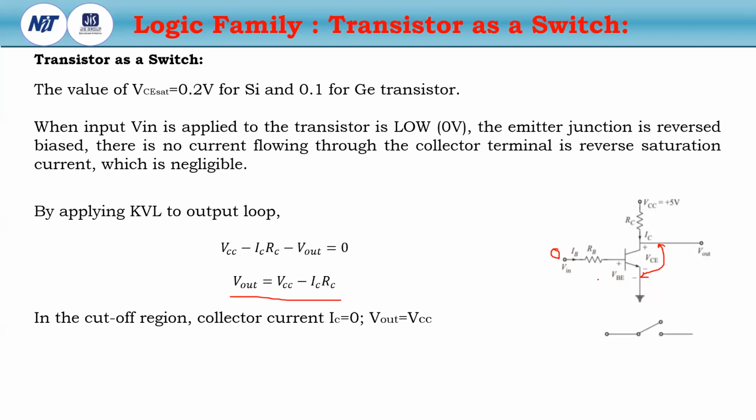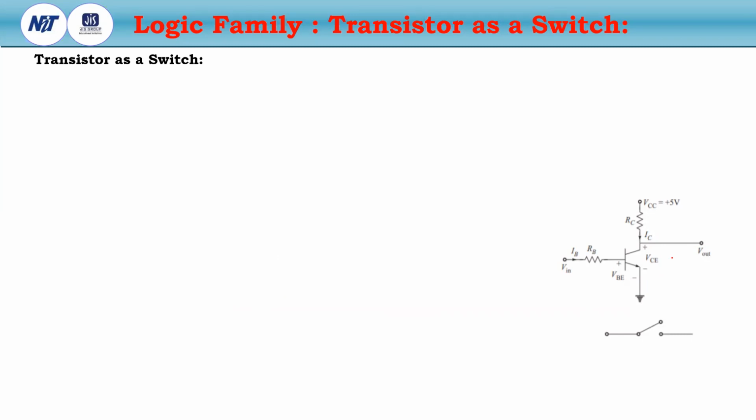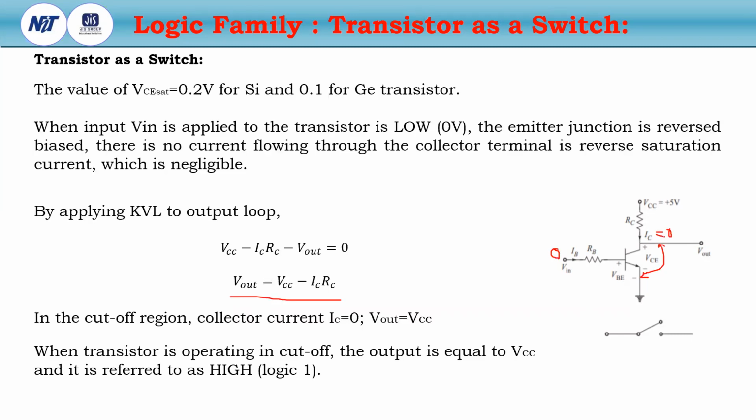In the cutoff region, the collector current IC is equal to 0. So if we put that here, then Vout is equal to VCC.